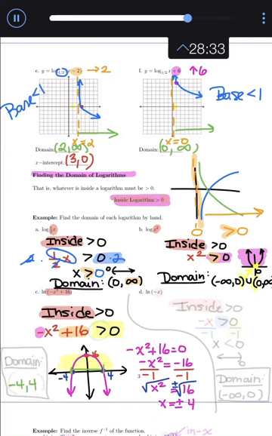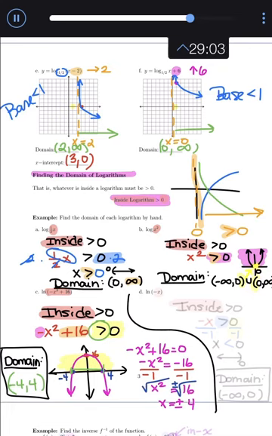The question is, do I use brackets or parentheses? Well, I said I wanted to be greater than, not greater than or equal to 0, so we're going to use parentheses. So my domain is everything between negative 4 and 4. We're not including negative 4 or 4. That's what those parentheses are saying, because that's where I equal 0. And I want to be greater than 0, not equal to.